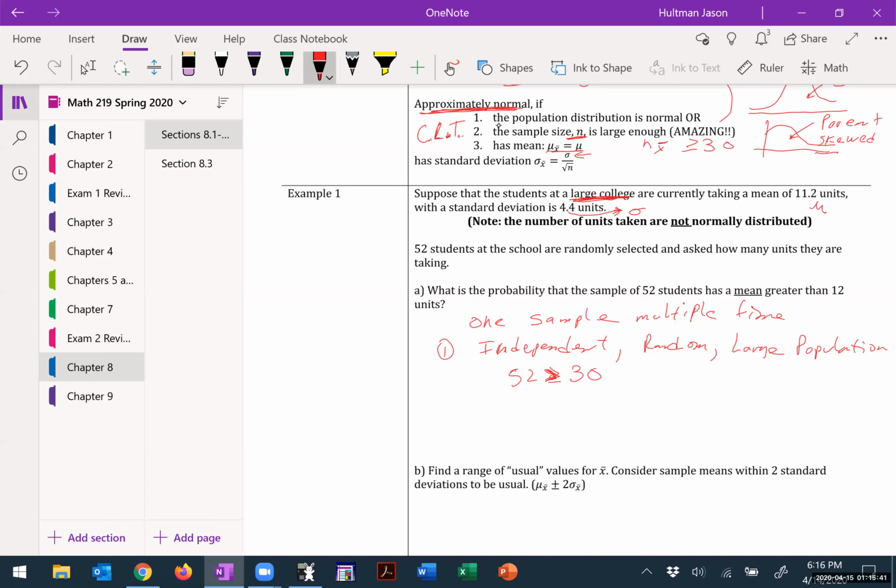And since 52 is greater than or equal to 30, then the central limit theorem applies. And we can use a normal distribution with mu, which should really be mu x bar, equaling the population mean.